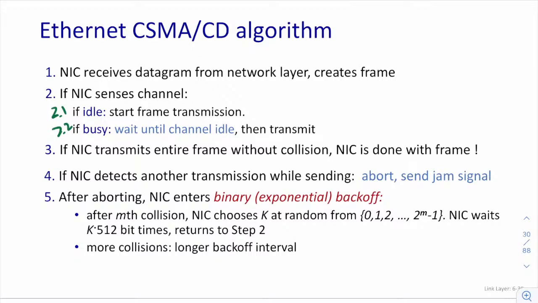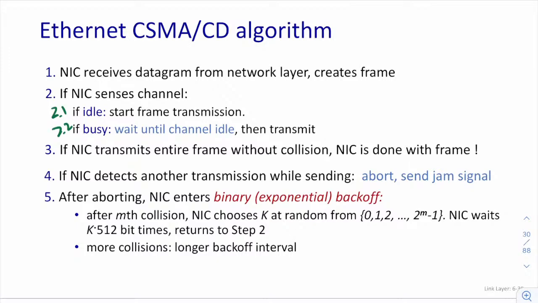So that is the ideal way to send the packet. But sometimes, in step 2.2, when you sense the channel, it is busy, which means somebody else is transmitting a frame. So you wait until the channel is idle, and then you transmit the frame. If you send the entire frame without collision, then that is very nice.